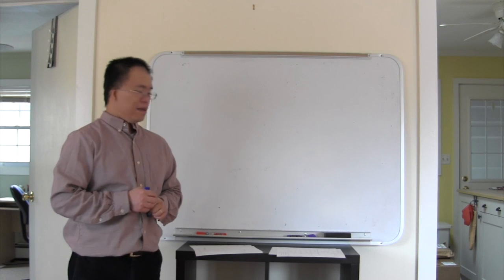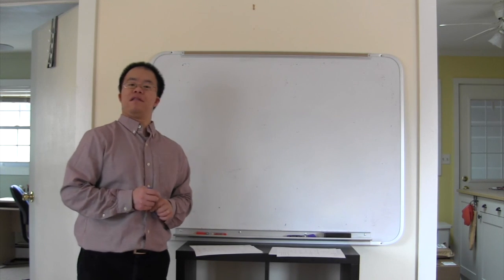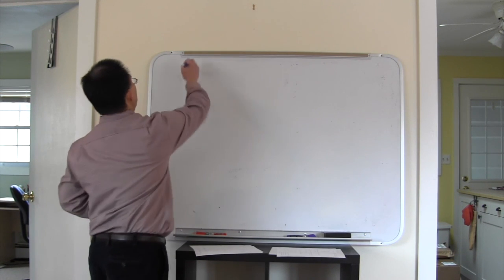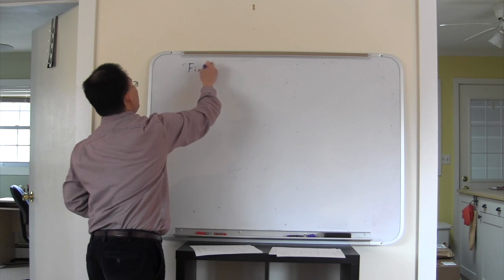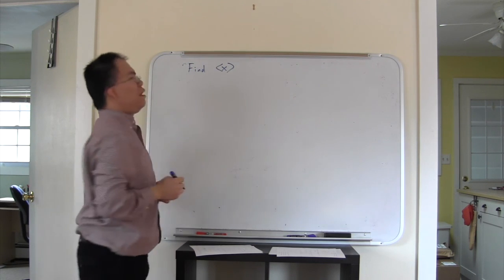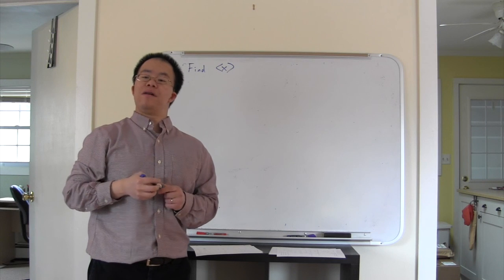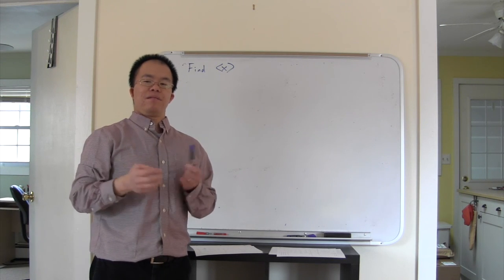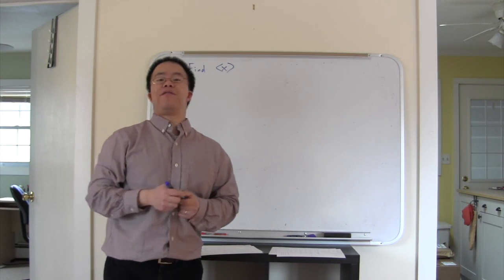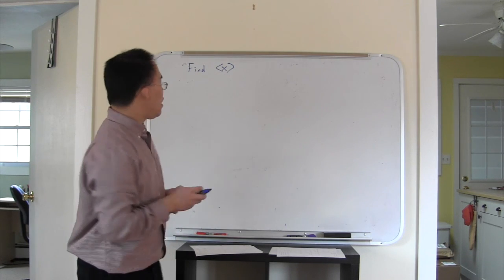The next part asks us to find the expectation value of x. Now here is where we'll take the clever way and think carefully about the symmetry.